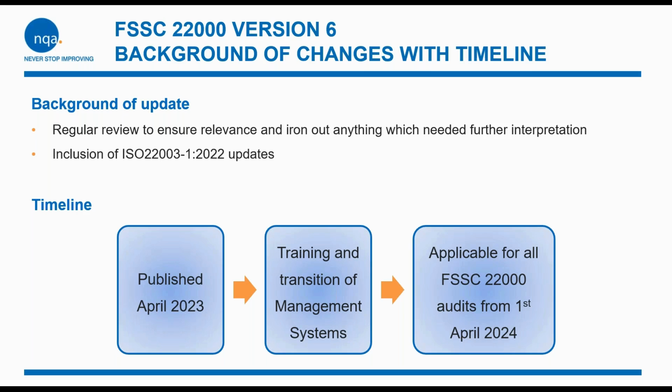Version 6 was published in April 2023. We are now in the period of training and transition of management systems to the new standard, and version 6 is applicable for all FSSC 22000 audits from the 1st of April 2024.